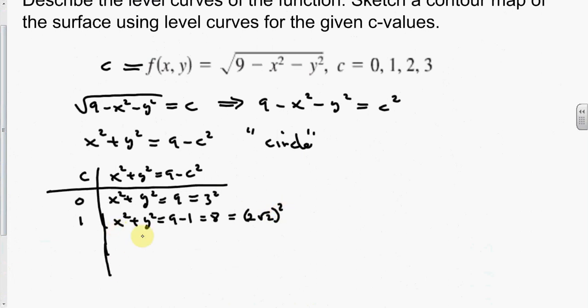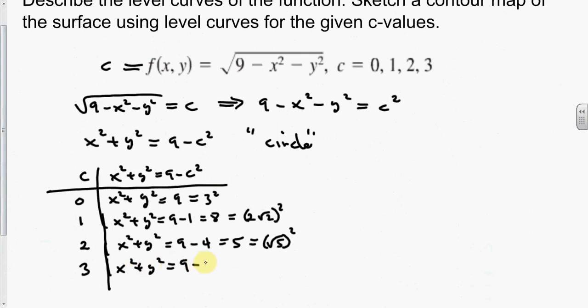Here I'm just identifying the radius. If c is 2, x squared plus y squared is equal to 9 minus 4, 5, or the square root of 5 to be squared. Then c is equal to 3, x squared plus y squared is equal to 9 minus 9, we get 0. And that's just 1 point at the origin.